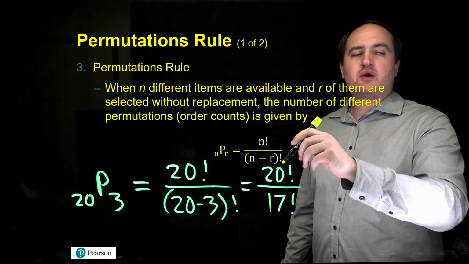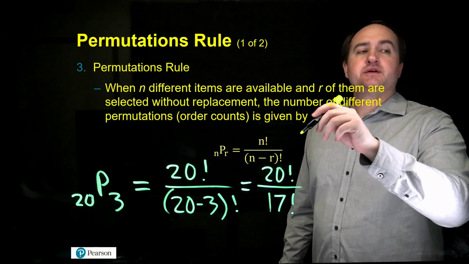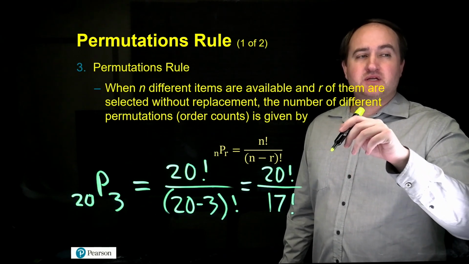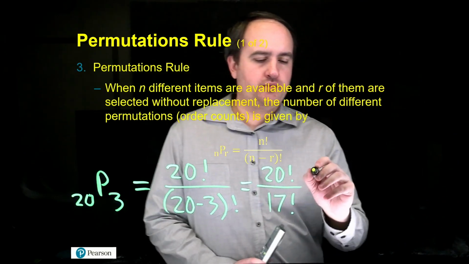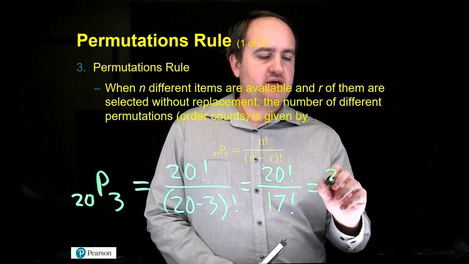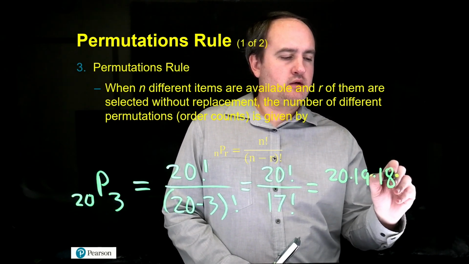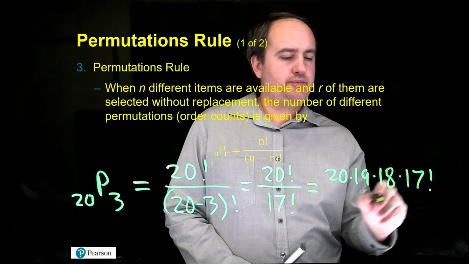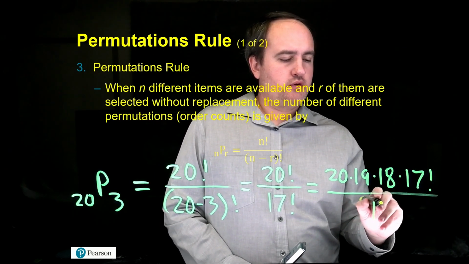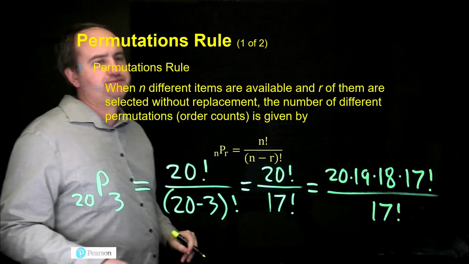So that's a way of simplifying this formula to make it easier to type into any calculator. So what I'm saying is 20 factorial is the same as 20 times 19 times 18 times 17 factorial. Okay, so 20 factorial is 20 times 19 times 18 times 17 factorial, all over 17 factorial.